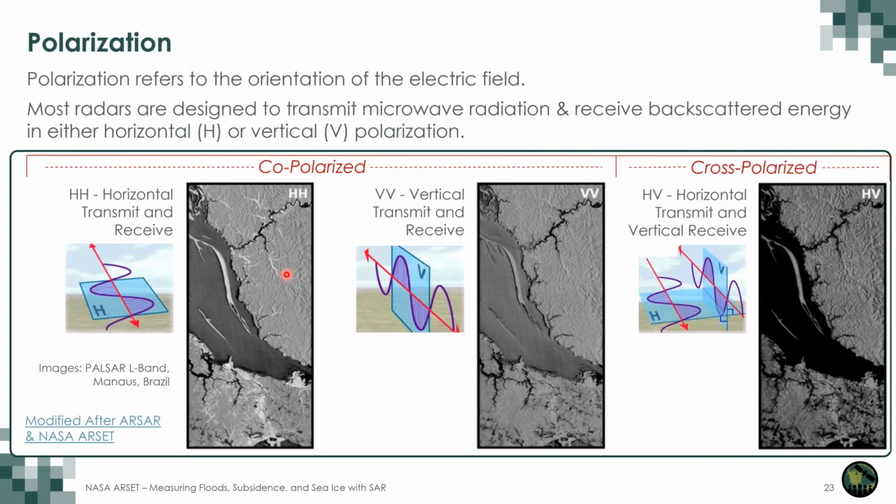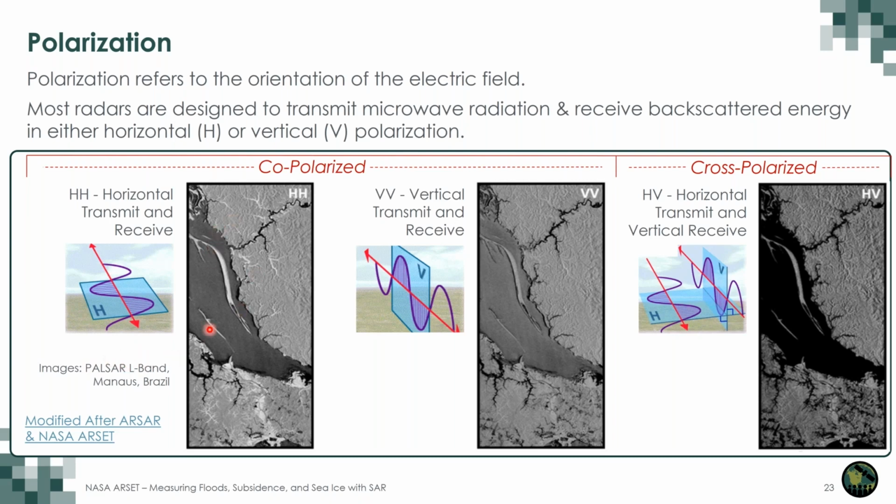And to show you an example that these different polarizations indeed lead to different imaging results, I'm showing you here some examples. What I'm showing you at the very left is, in this case, an L-band data set acquired by the ALOS PALSAR mission. So it's a 25 centimeter L-band data set.